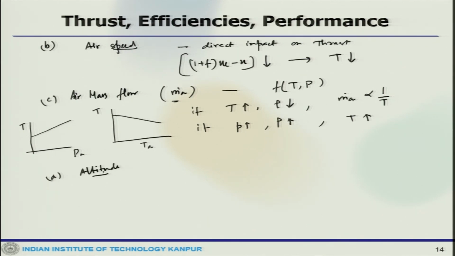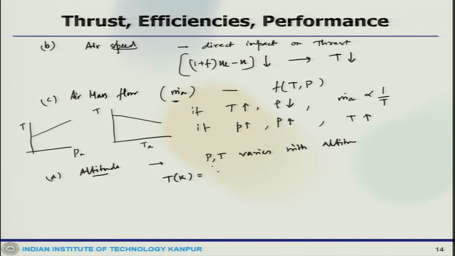During the discussion on atmosphere we have already talked about this, that altitude has a direct impact, because with altitude the pressure and temperature vary. One can write how these things change.